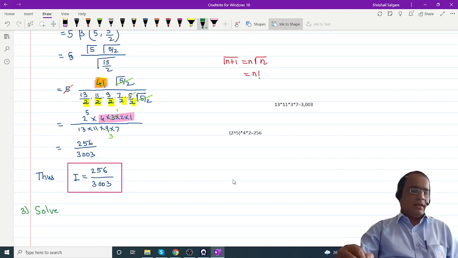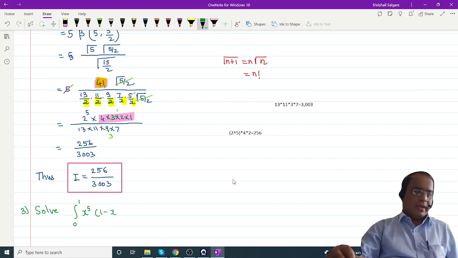Solve the integral from 0 to 1 of x raised to 5 into 1 minus x cube raised to 10 dx.